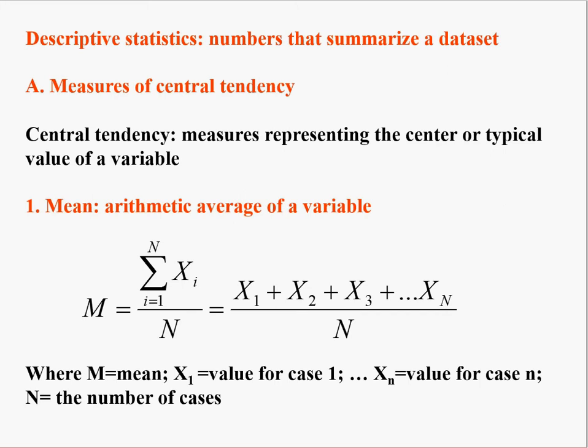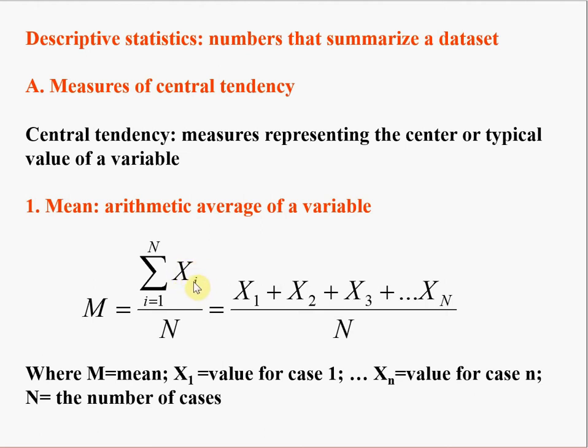Here I give a formula for the sample mean. As you can tell, this is an English letter that represents the sample mean. On the right hand side of this formula, on the top we have this Greek letter sigma, and that means find the summation over all the different values of variable x.